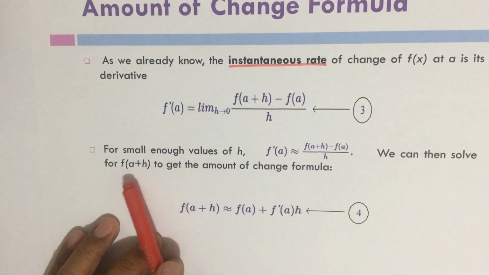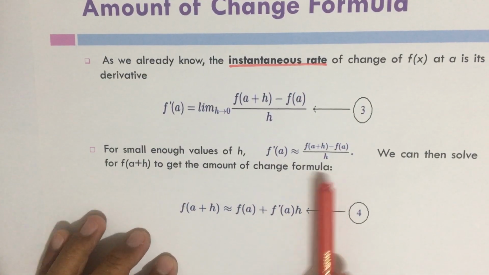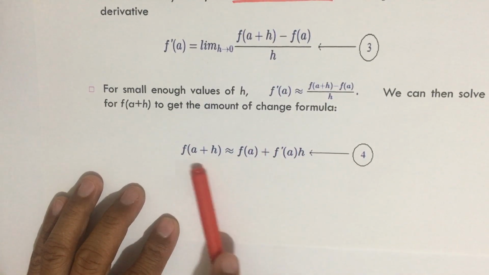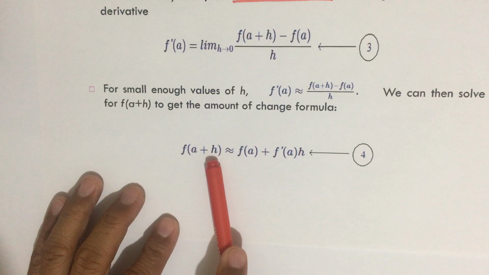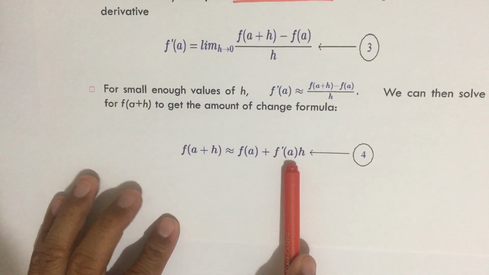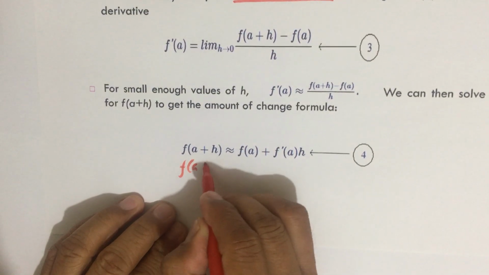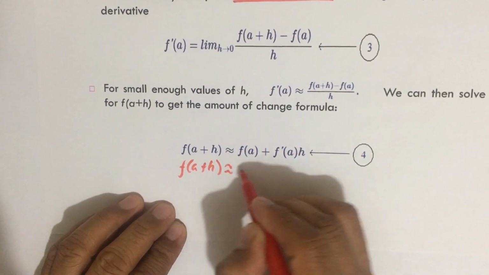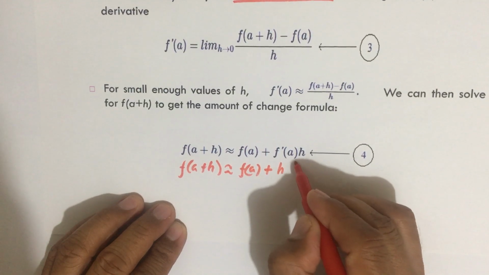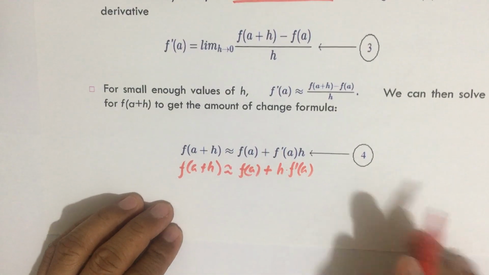We can then solve for f of a plus h to get the amount of change formula, which is given here. So f of a plus h is approximately equal to f of a plus f prime of a times h, or it can also be written as f of a plus h approximately equal to f of a plus h times f prime of a. They're just the same.